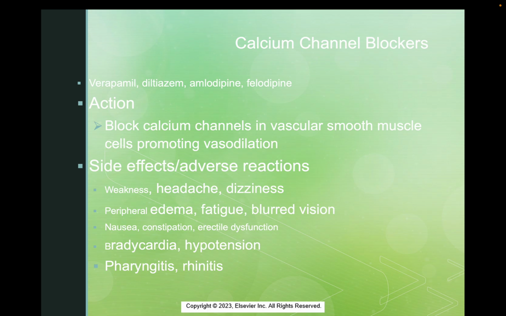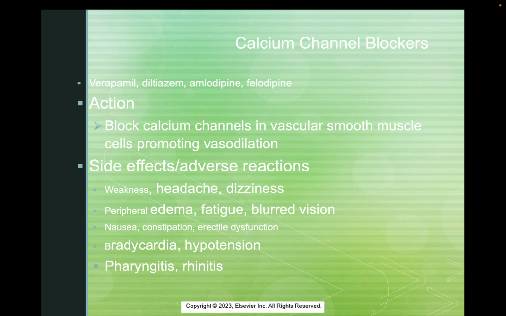Promotes vasodilation. So side effects of these include weakness, headache, dizziness. These are your verapamil, diltiazem. These don't usually have one specific ending, but you do see calcium channel blockers used quite frequently. So verapamil, diltiazem, amlodipine.